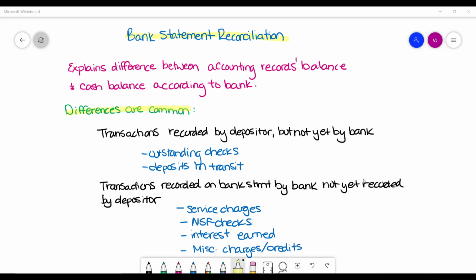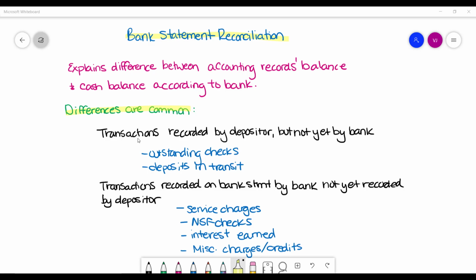Often, however, the cash balance shown on the bank statement and the cash balance according to the accounting records don't always equal out exactly. So differences between those two balances are common, and that's why the reconciliation at the end of each month is necessary. The differences can be broken down into some general points.